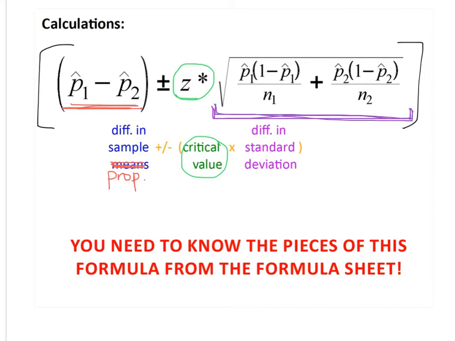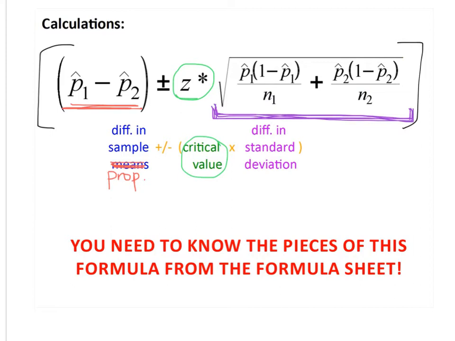You just have to remember that this is the standard deviation for two proportions, and it even says two proportions in standard deviations on the row and column of that formula sheet. You don't have to memorize it because it will be provided on the formula sheet, not in this problem setup.